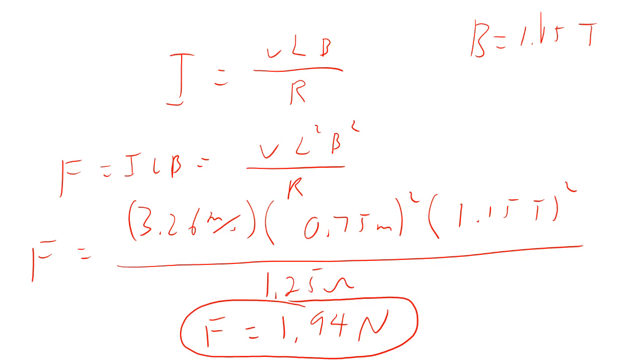So that's the force it would take to keep that bar moving. If you're not applying that force, then it would gradually slow down. And this is related to the example that we did in lab, in which I had the hollow aluminum tube, and I had a magnet that slid down it.